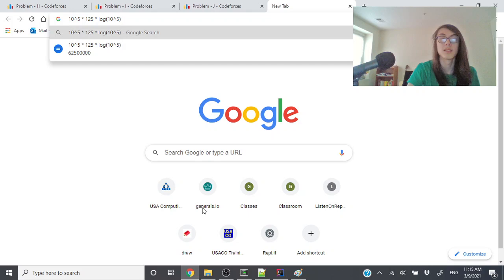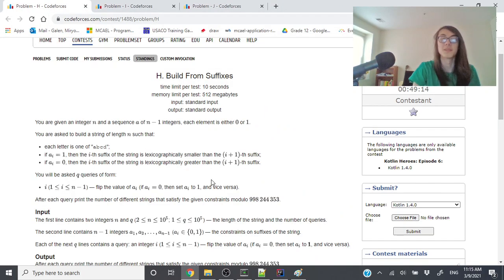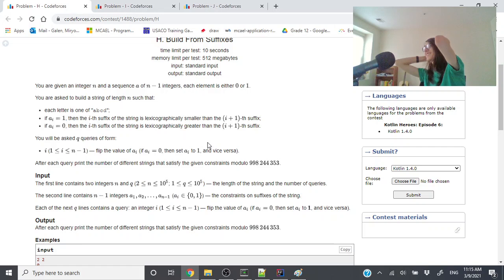That's the idea. Log 2. Doesn't seem that bad, but when you consider that it's Kotlin. But we also have 10 seconds, so maybe that'll work. Is that really what we're supposed to do, though? I mean, my god.